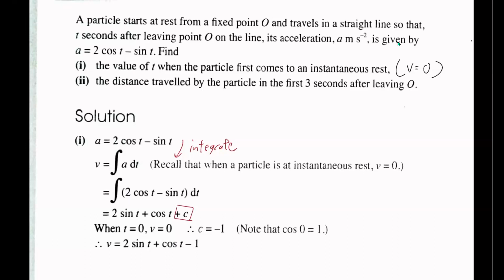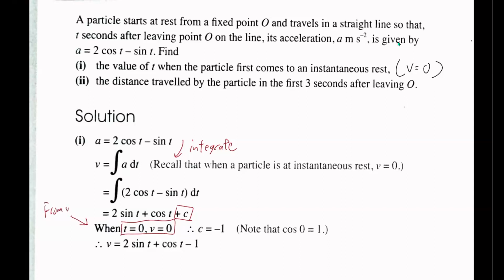So if you have plus c, you have to sub in the initial condition. Let's see what the initial condition is. Why do they say t equals 0, v equals 0?